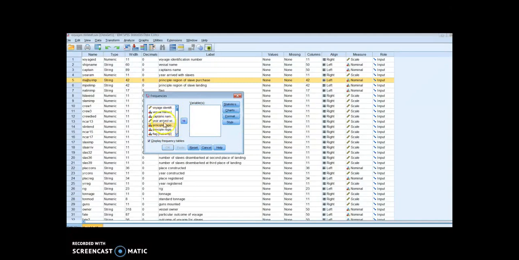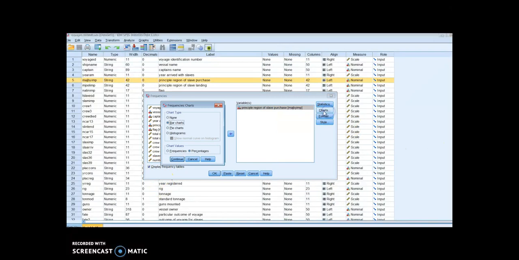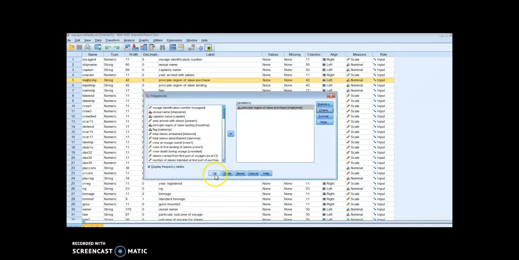Suppose this is the principal region of slave purchase. So move it to the right. We display frequency tables. And again, make sure in the charts, since this is categorical, we do bar charts instead of histograms. So check bar chart. And we can choose percentages to see what percentage is covered by each region. Continue, hit OK.